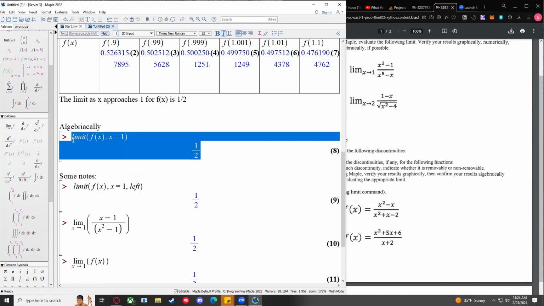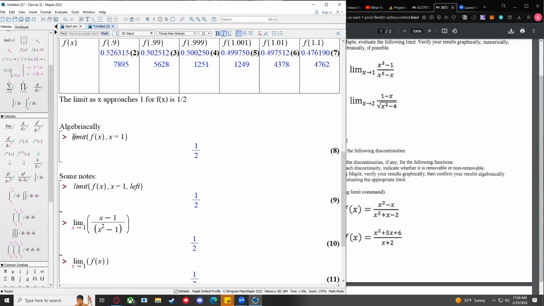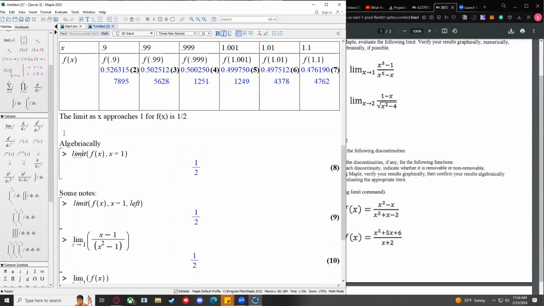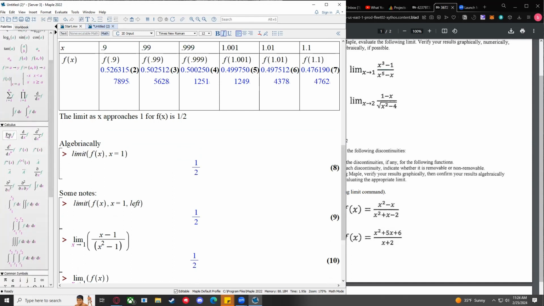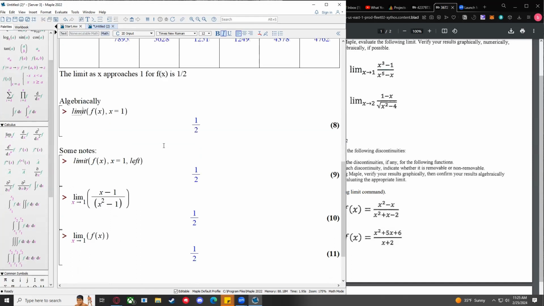But in case you don't like using the limit command, maybe you forgot what the word is in the future, you just know that you can come here on the left and click on this limit, and it does the same exact thing. Any questions here on our algebraic approach?